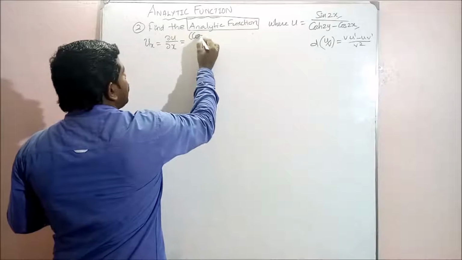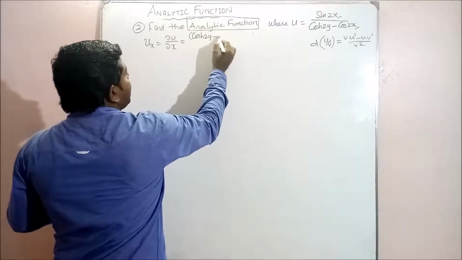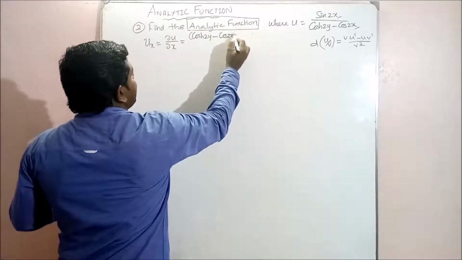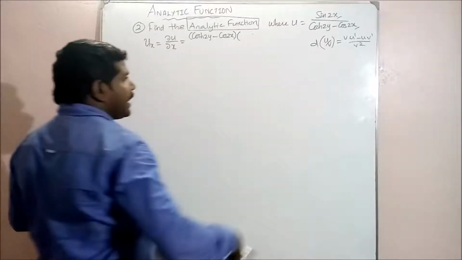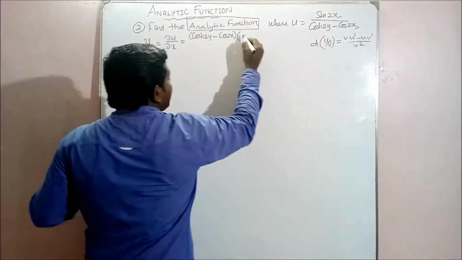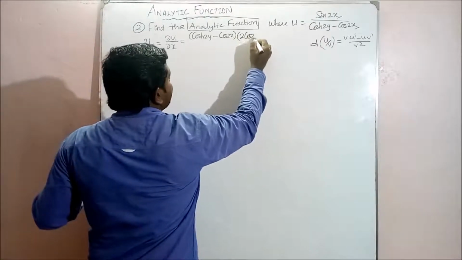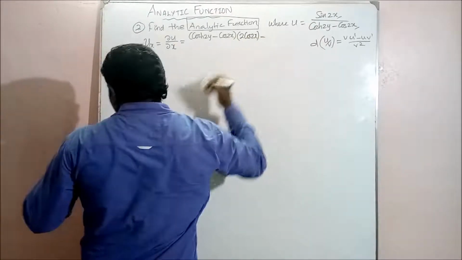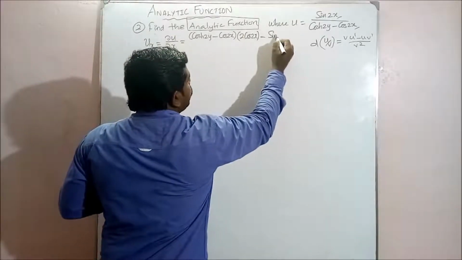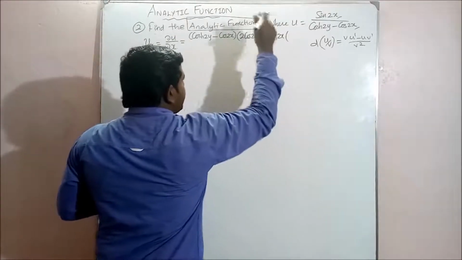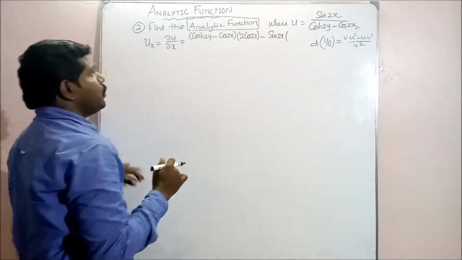Denominator term cos h2y minus cos 2x into the differentiation of the numerator. Differentiating sin 2x gives 2 cos 2x. Minus numerator term sin 2x into the differentiation of the denominator with respect to x.